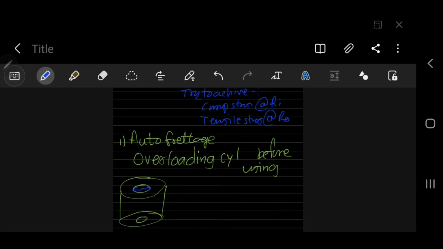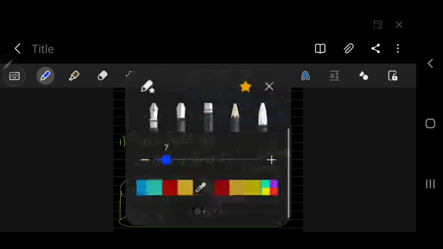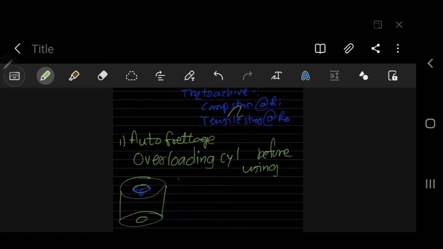We will apply pressure from inside, and the magnitude of the applied pressure will be such that the inner material will plastically deform, and the material which is present at the outside will deform elastically.